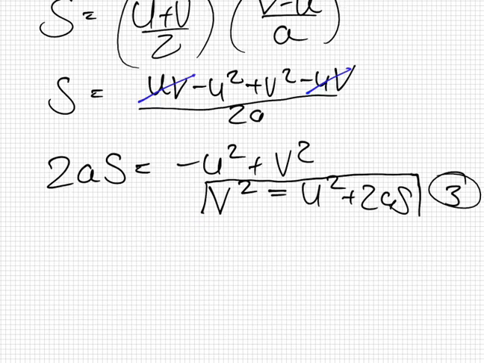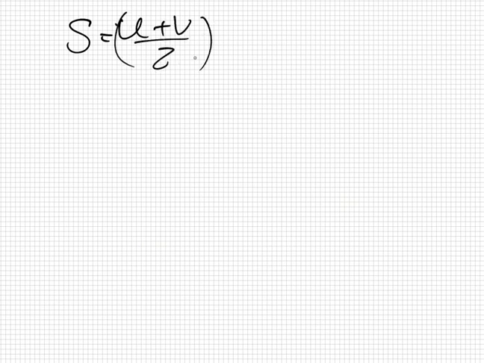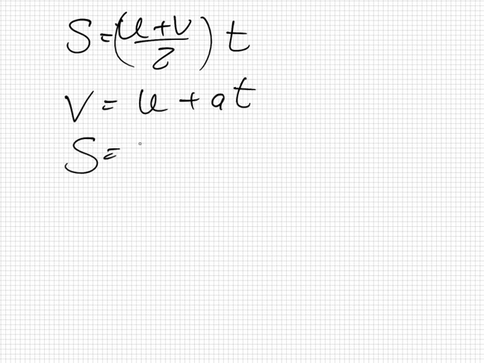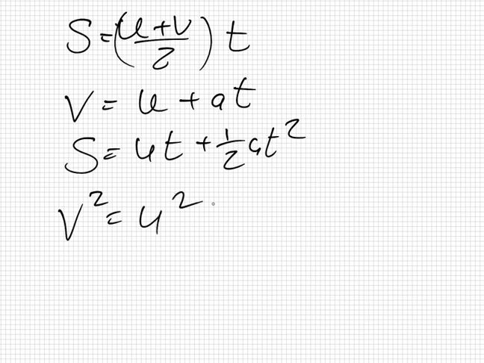Right, so let's put the formulas together. Our first one was s equals u plus v over 2 times t. v equals u plus at. s equals ut plus a half at squared. And v squared equals u squared plus 2as. And remember, u, v, a, and s.